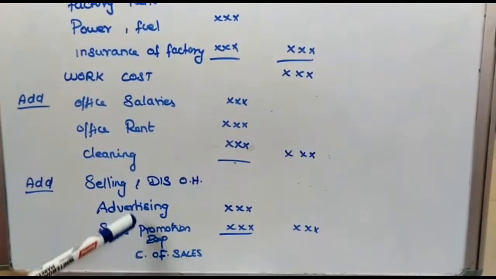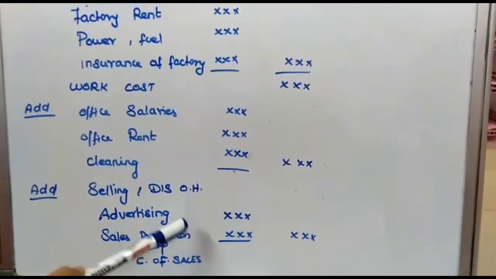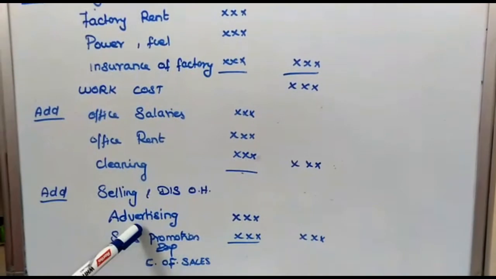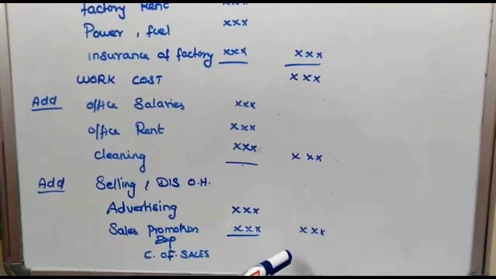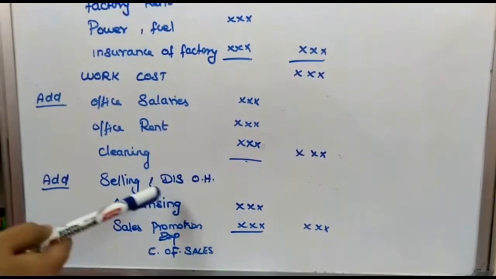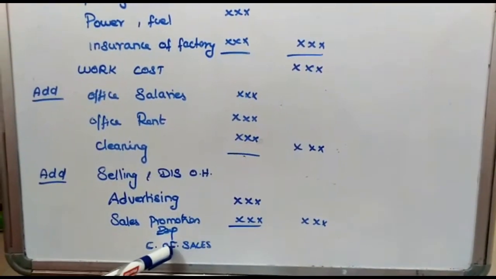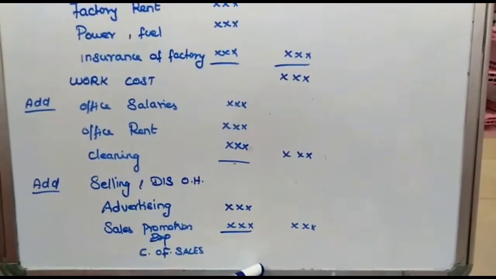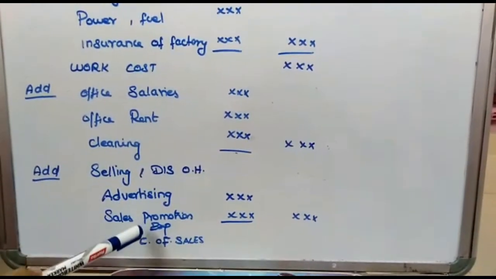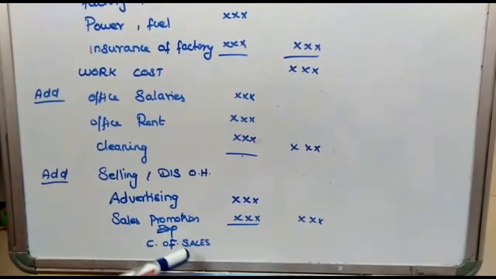The expenses related to selling and distribution overhead we have to write here, add separately, and then include in our cost sheet. So we will get our cost of sales, otherwise called total cost.